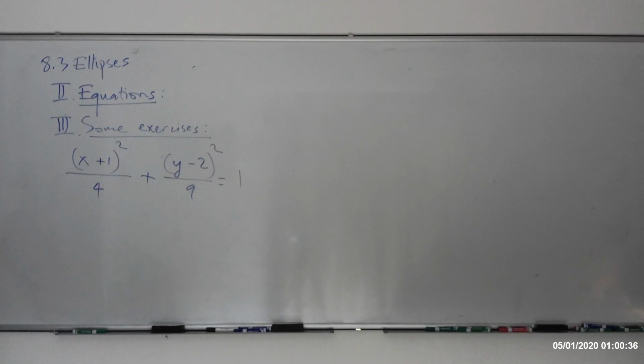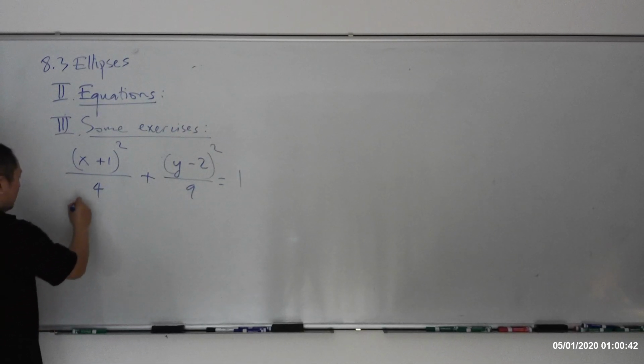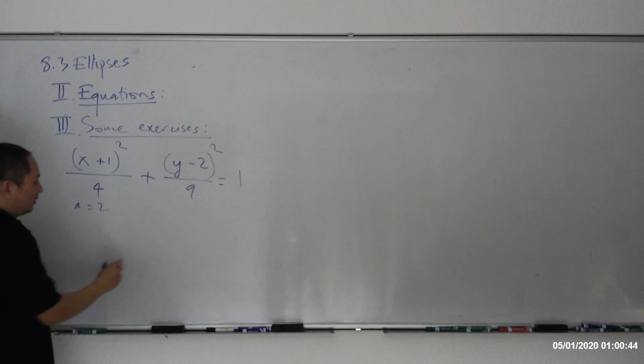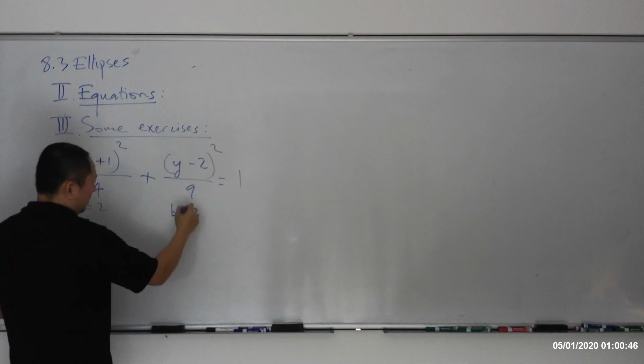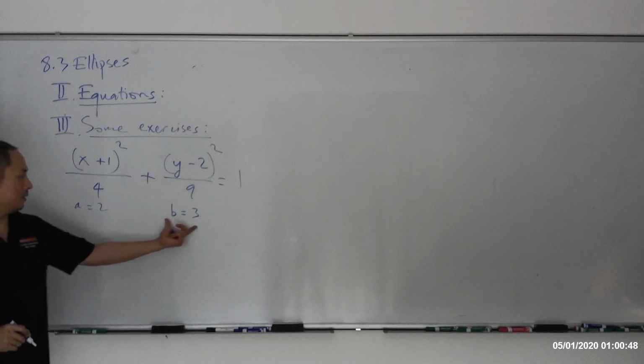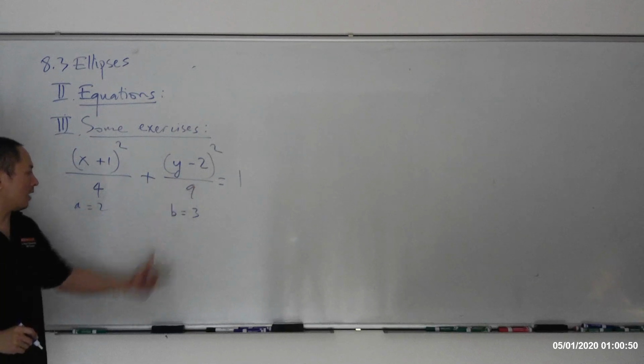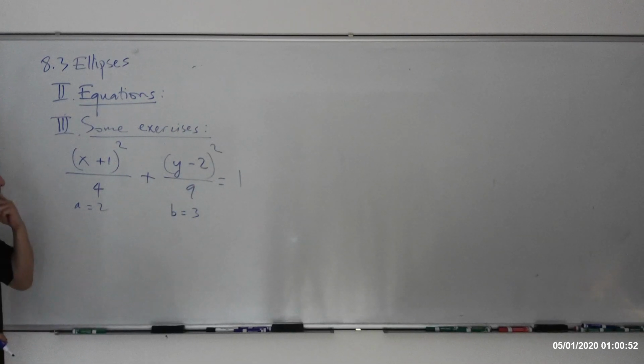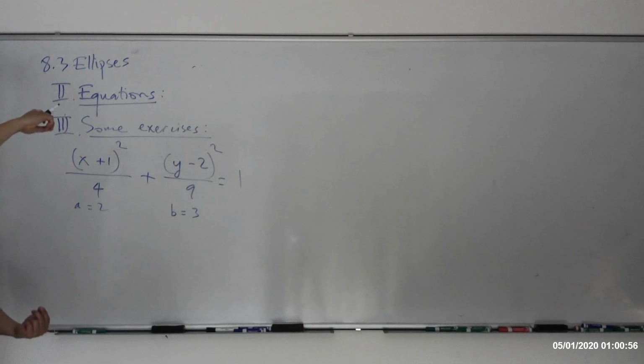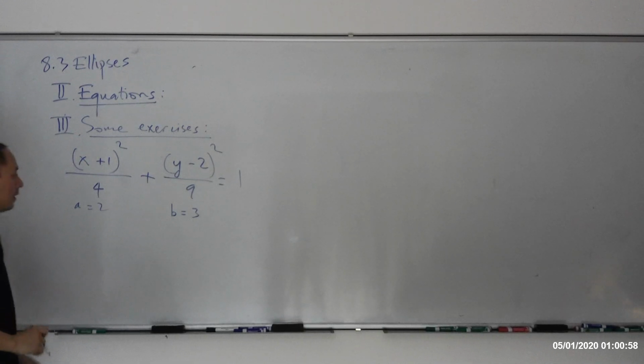You see this is an ellipse. Is that vertical or horizontal? a is 2 because 2 squared equals 4. b is 3 because 3 squared equals 9. So b is bigger than a, or the number that goes with y is bigger than the number that goes with x. So y bigger than x is going to be the vertical ellipse.